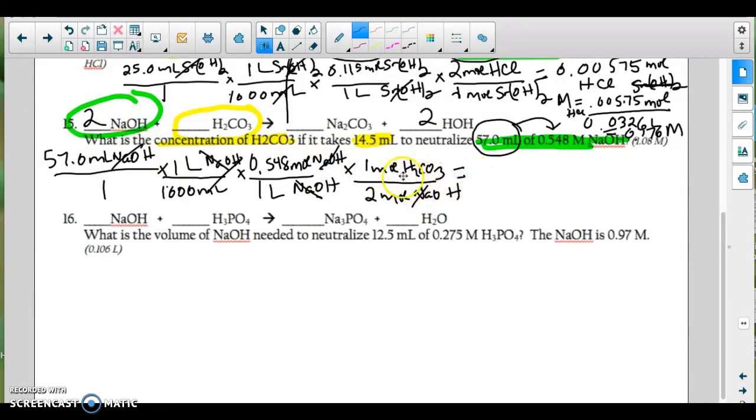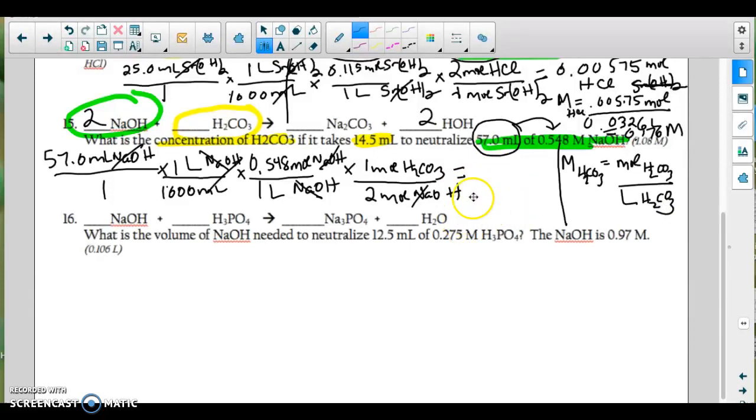I'm going to stop right now to get those moles, and then I'm going to get the molarity of the acid by taking the moles of the acid over the liters of the acid.